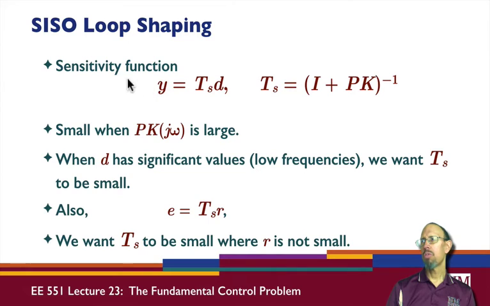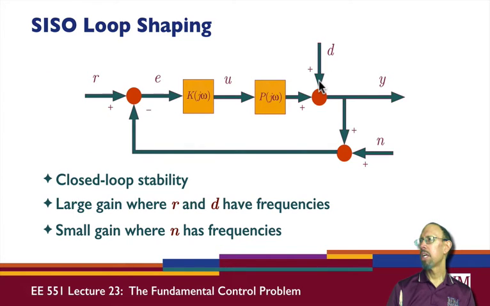Another reason we use the sensitivity function is that it is the transfer function from the disturbance input to the output of the system. So when we look at this diagram, the transfer function from this input to this output for the disturbance has that sensitivity function.